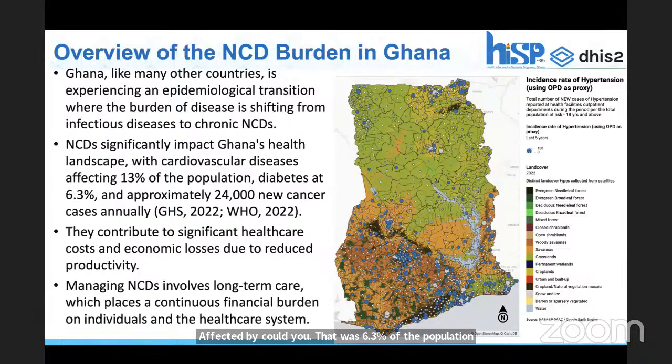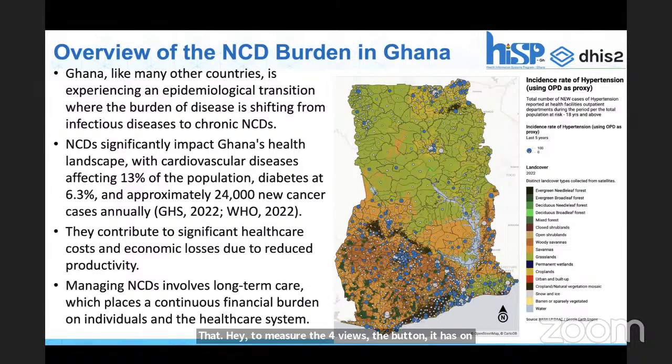And then about 24,000 new cancer cases are recorded annually. It is important to ensure that we are able to measure the burden NCDs have on our economy and our health profile as a country.